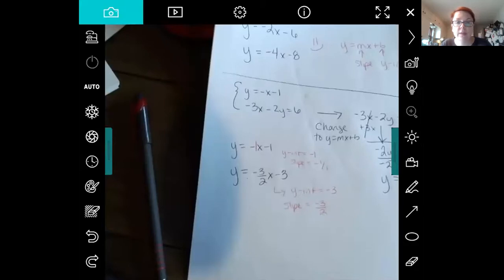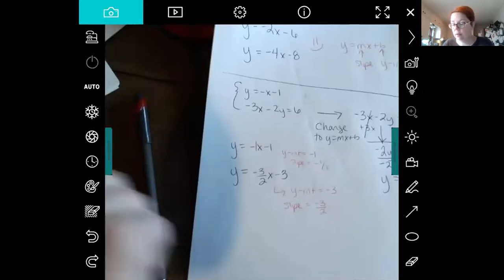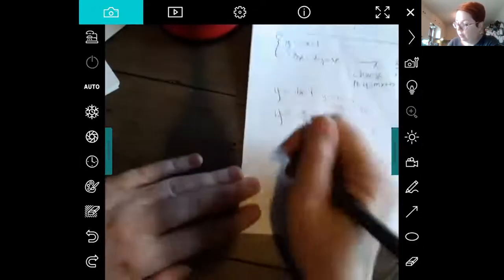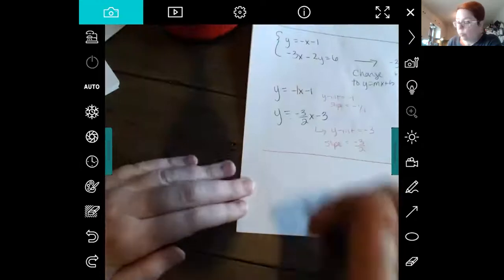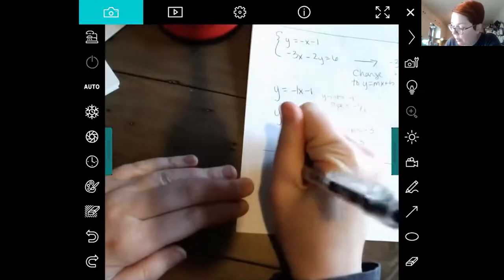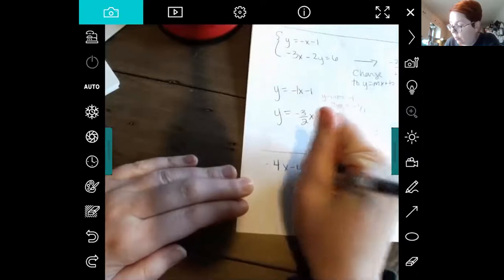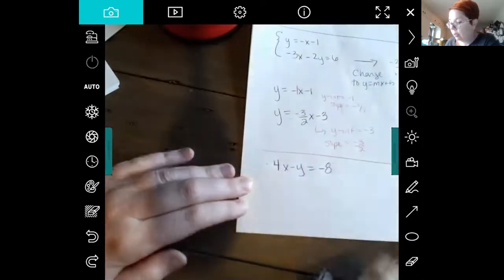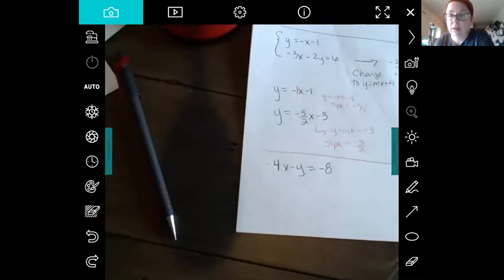Now this blue line, this leftover one, they have it as -4x minus y equals -8. So we could use the intercept method, or we could solve it for y. So let's do what they did. Let's do the intercept method, since some of you might prefer that over the other way.